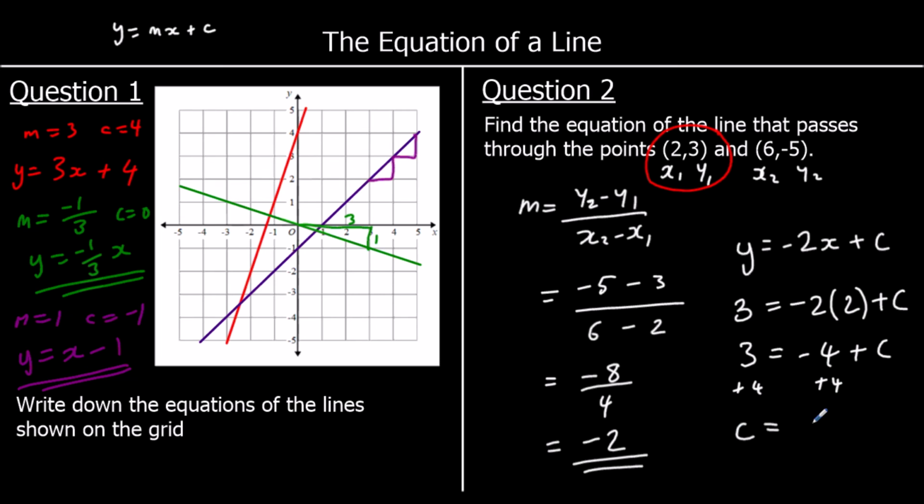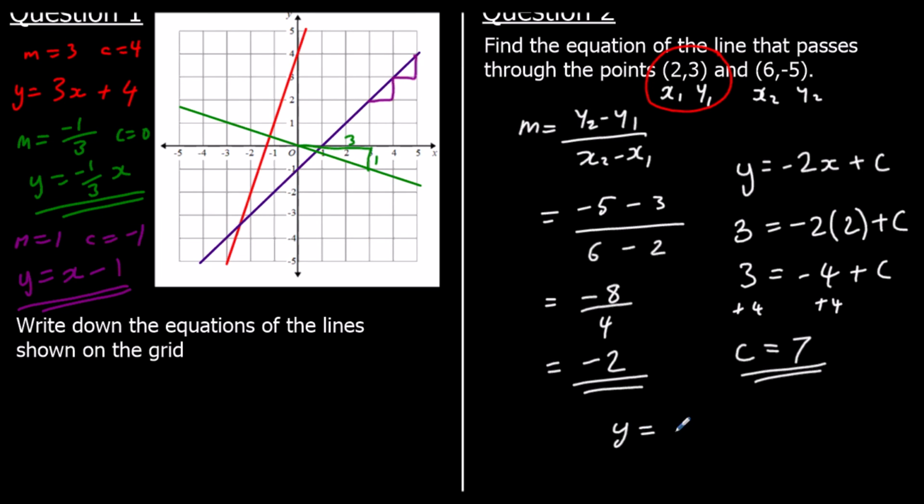So c is equal to 7. So the equation of the line is y equals negative 2x plus 7. And we can check that by substituting in the coordinates and making sure it works. So if y is negative 5, we'll have negative 5 equals negative 2 times 6 plus 7. Negative 2 times 6 is negative 12. Negative 12 plus 7 is negative 5. So it works.